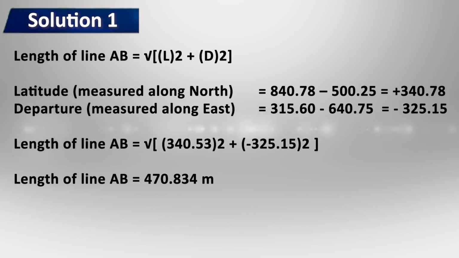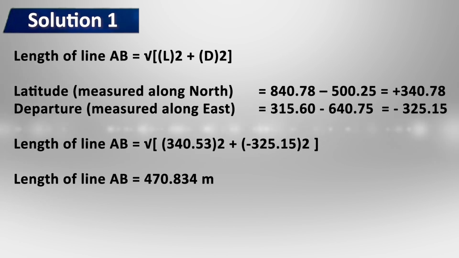To calculate the length of line AB, the formula is the square root of the square of the summation of all the latitudes plus the square of the summation of all the departures. As you can see on the screen, the formula is under root of sigma L square plus sigma D square.